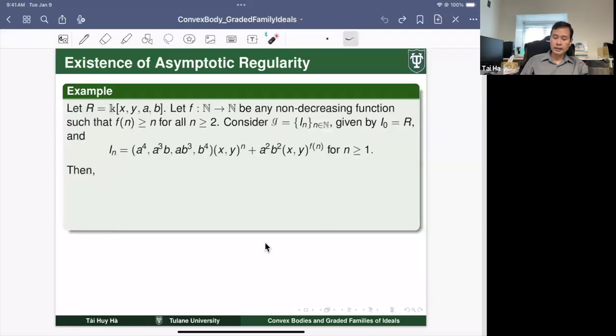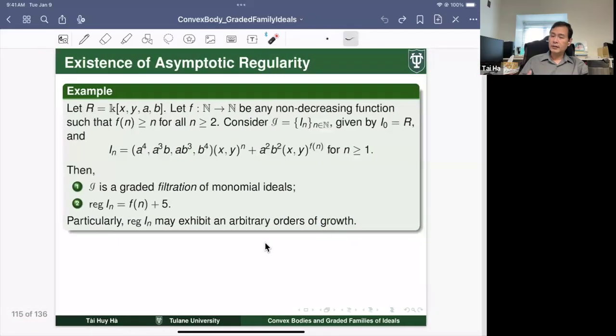Then this example is the one where we know that for I_n, the number of minimal generators can behave arbitrarily, depending on the function f. And also for this family, we know that the regularity behaves quite arbitrarily as well.